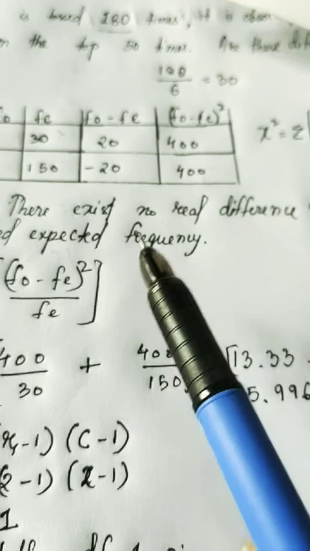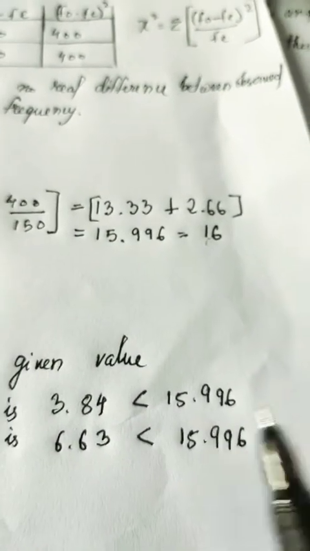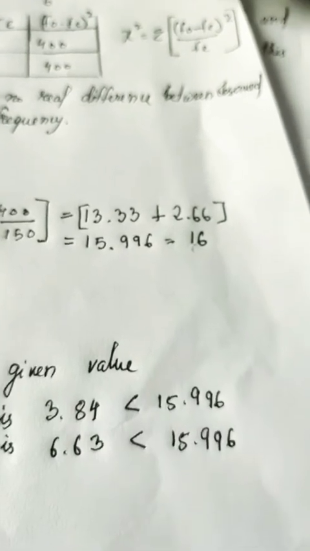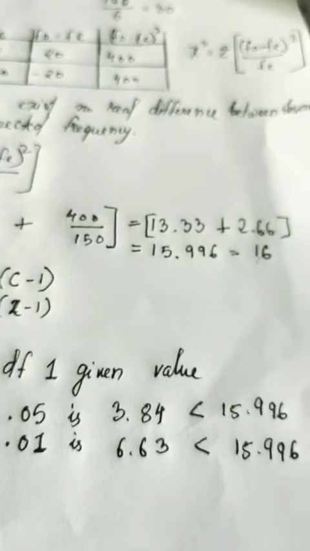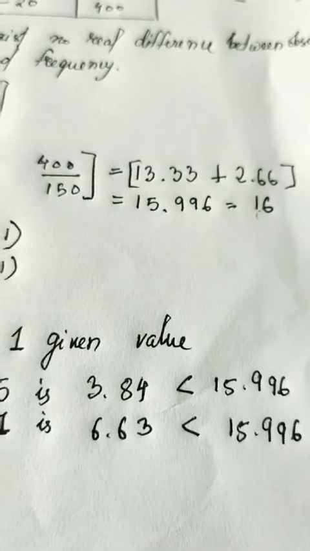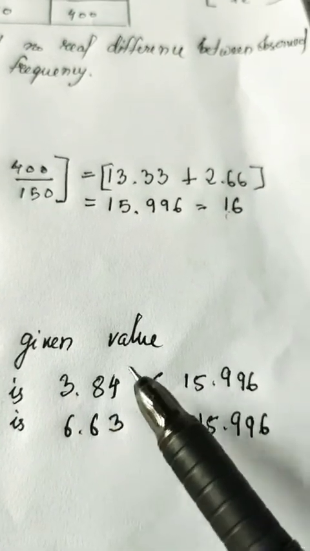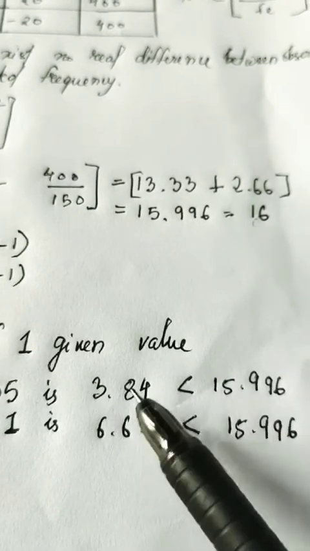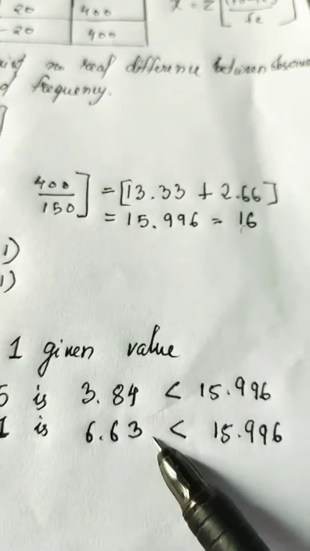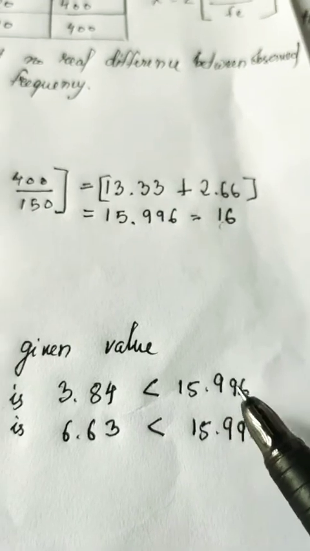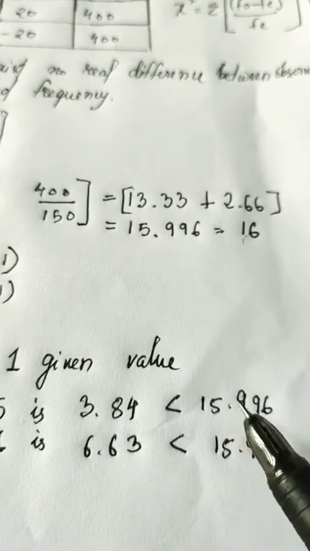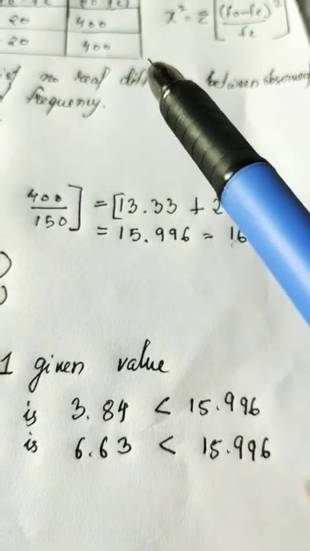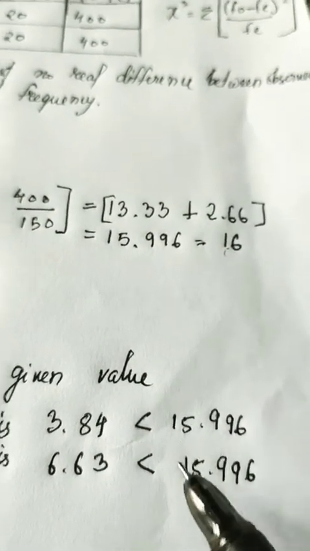If the value would have been smaller than both the table values, then we would have accepted the null hypothesis and said that there exists no real difference. But because the value is greater than both the table values, that is 3.84 and 6.63, we have to reject the null hypothesis and say that there is a significant difference.